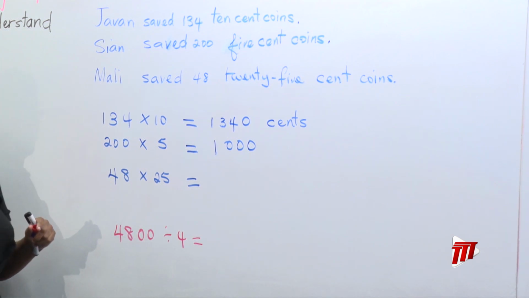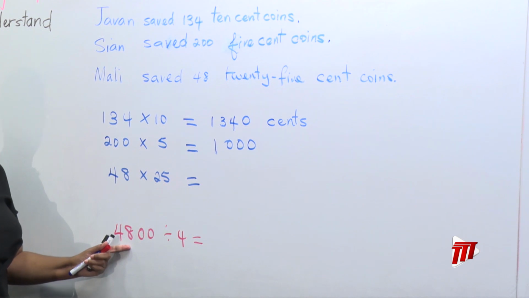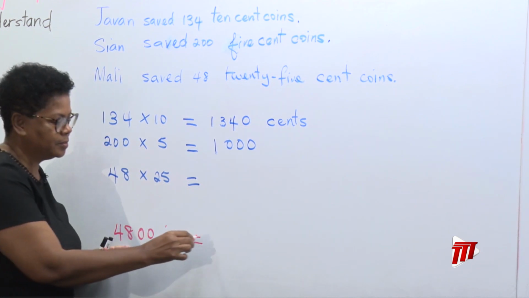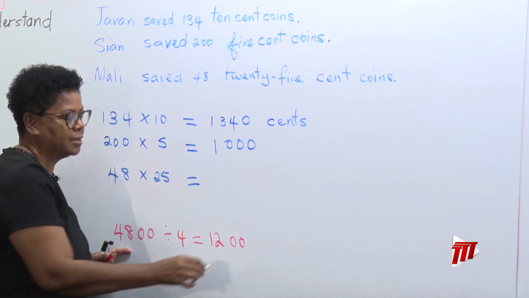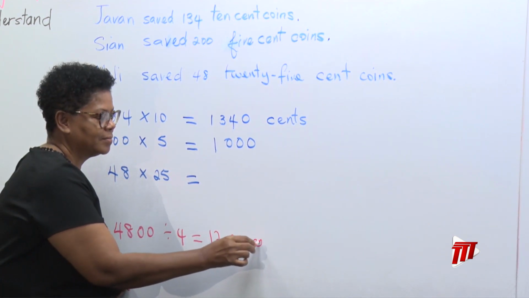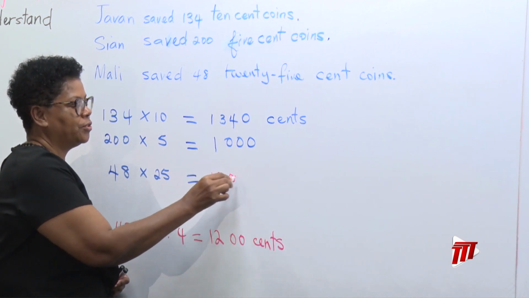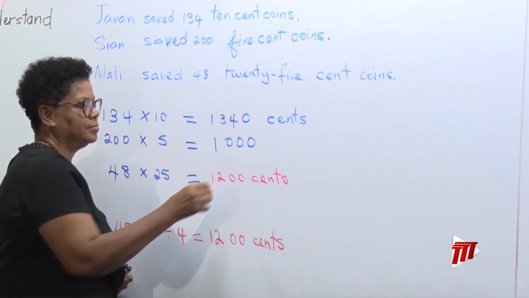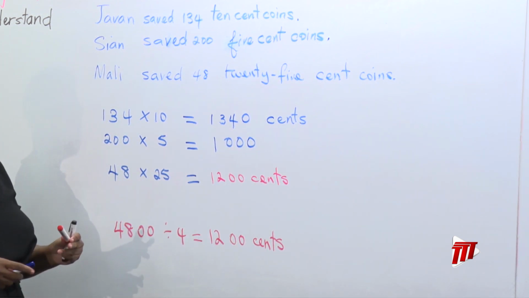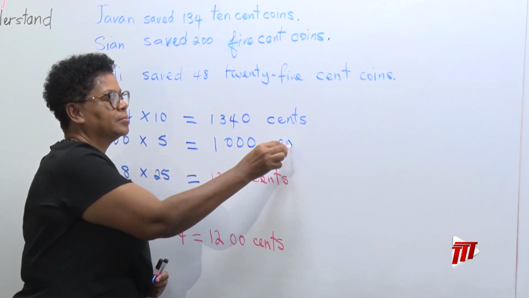And we know that 48 divided by 4 is 12. 1,200 cents. This 1,000 is also 1,000 cents.